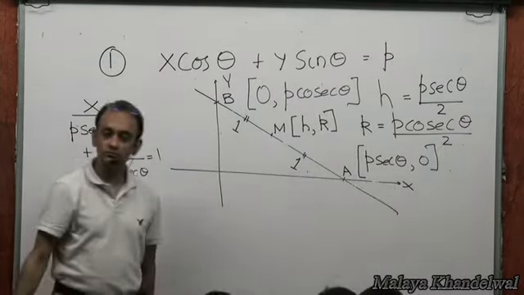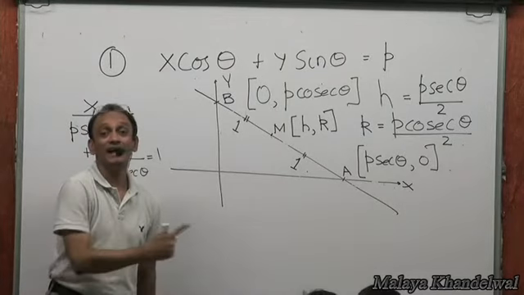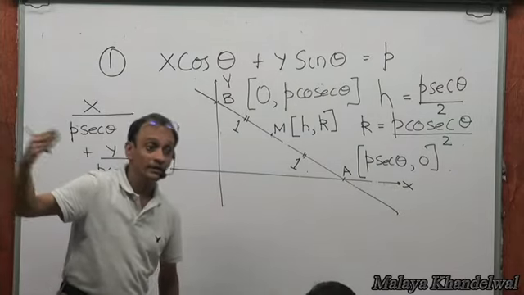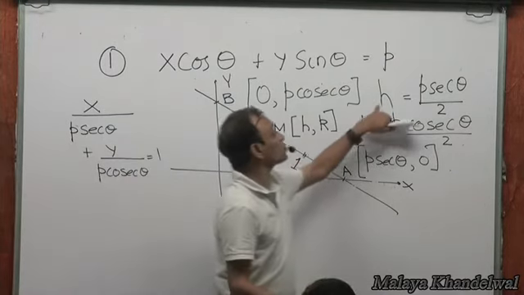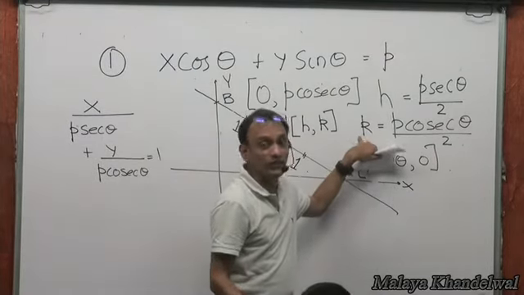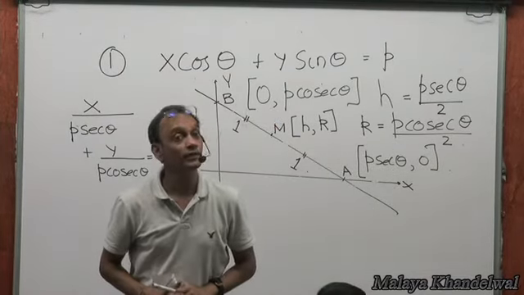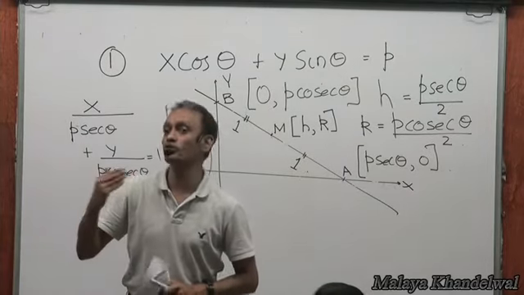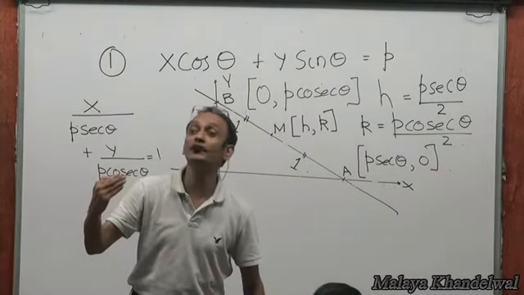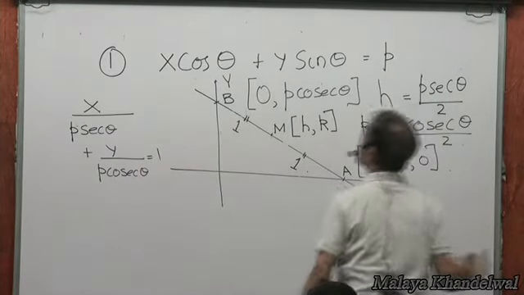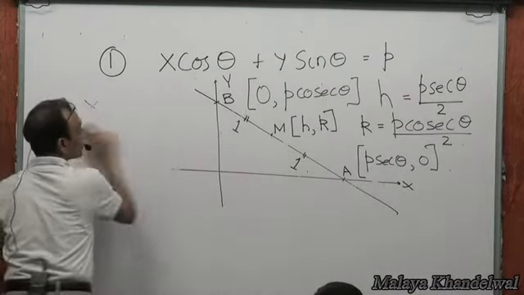I want to connect h and k and I want to obliterate theta. I want to connect the x coordinate with the y coordinate of the moving point without involvement of the parameter theta. And then I would wish to generalize that. That would then be looked upon as the equation of the locus.